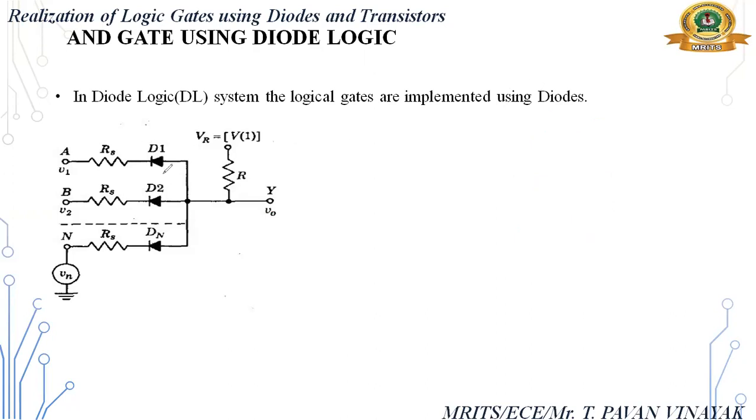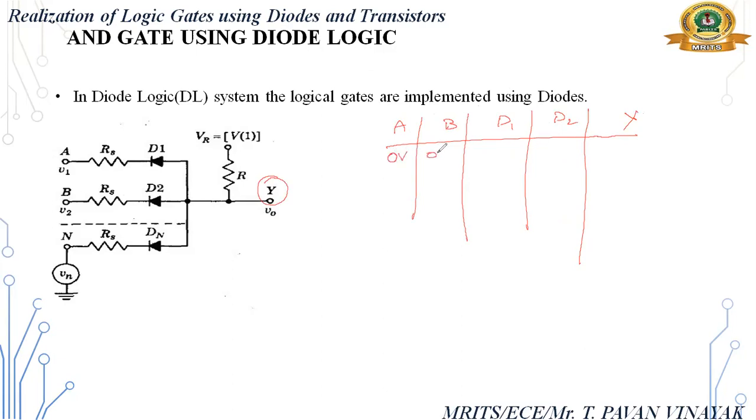So let us consider now. I am giving inputs A, B, with diode 1, diode 2. Let us see the diodes and the output. Output is taken here. Now I am giving 0 volts to both inputs. At the negative side, I am giving 0 volts, so the diodes will be on.